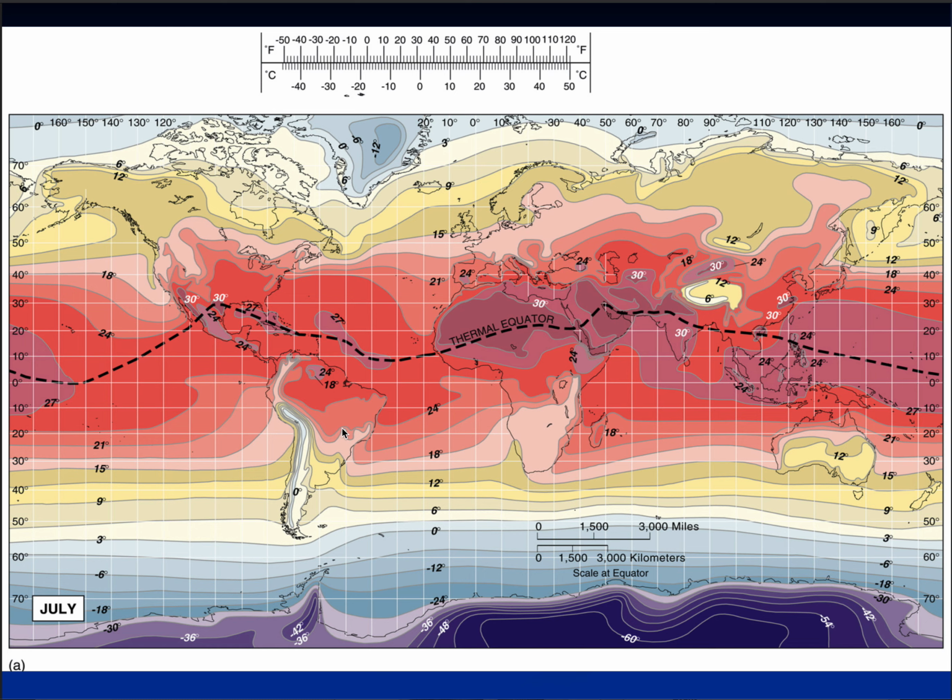And just for reference, that thermal equator was down here in January. It's way up here in East Texas in July. In January, the thermal equator sat down here. Now it's up here, and it didn't travel nearly as far because this is a large landmass. In fact, it's part of this landmass as well. So we've got this large landmass that's really hot.